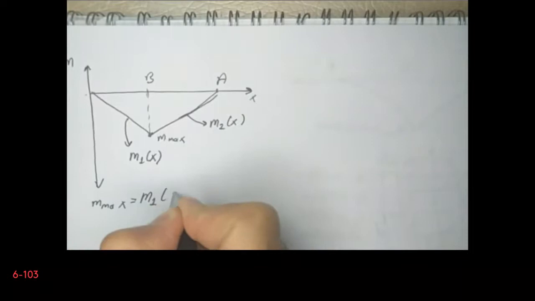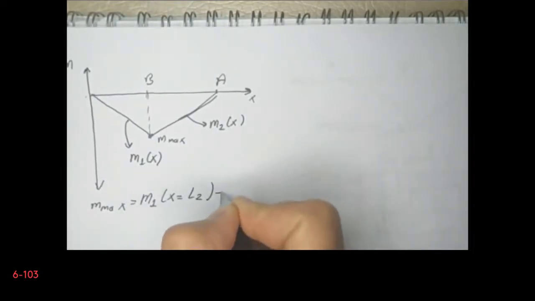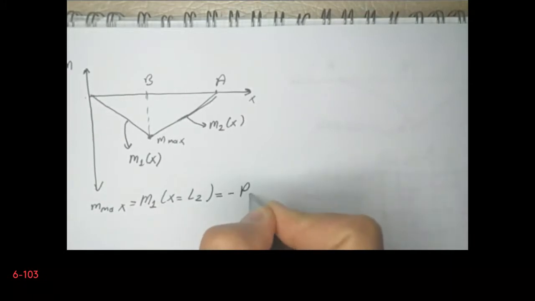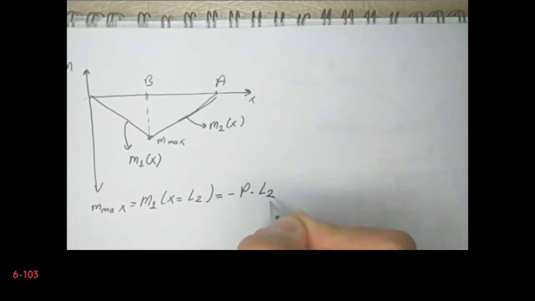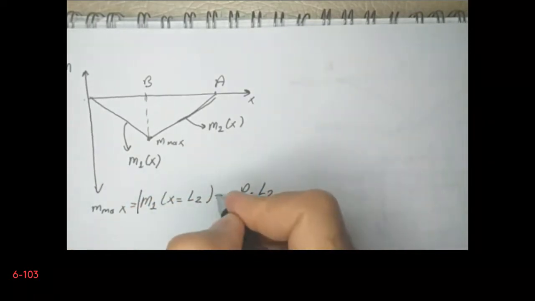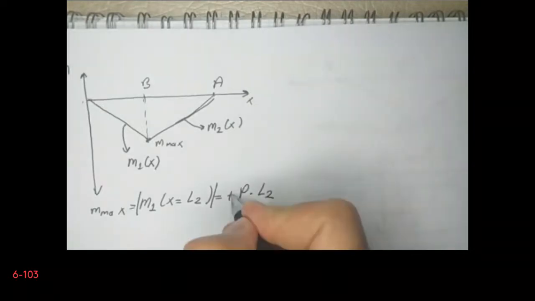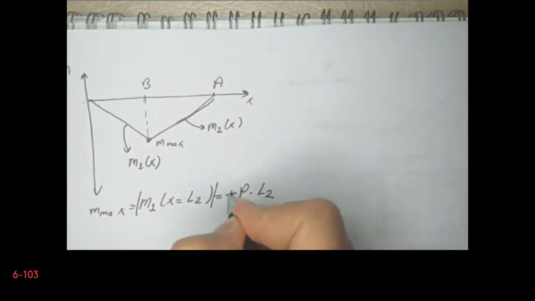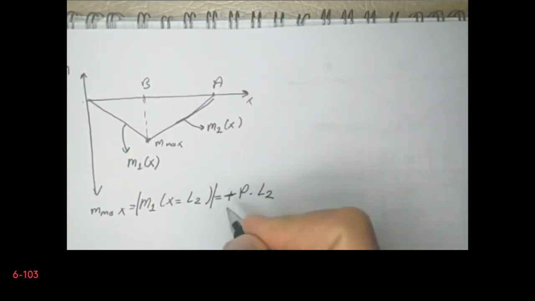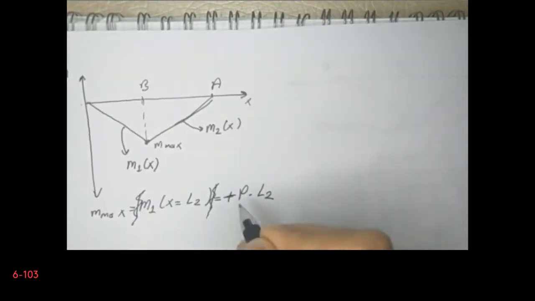So it is minus P multiplied by L2. Sorry, this is the absolute value, and let's take it plus, because we are interested in the compressive... okay, so we will not take the absolute value, it's negative. We will consider the direction as well, the sign of the moment also. So this is negative.